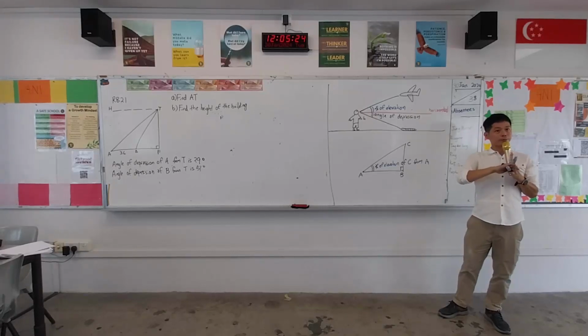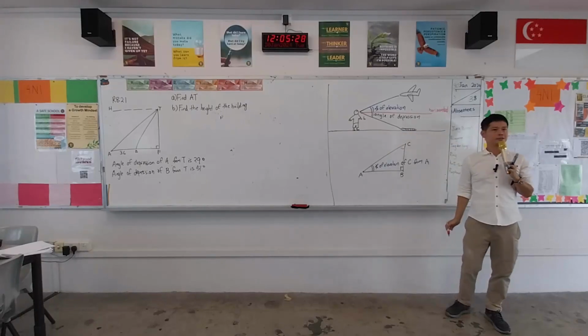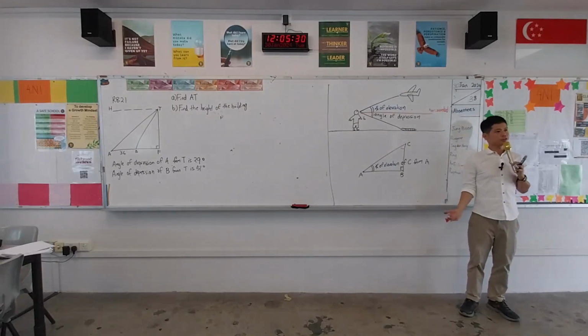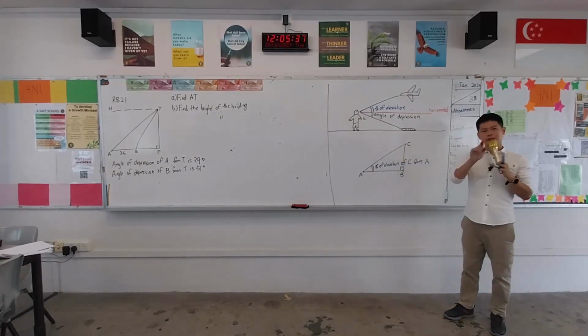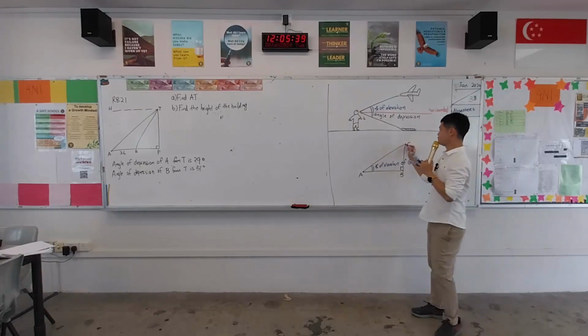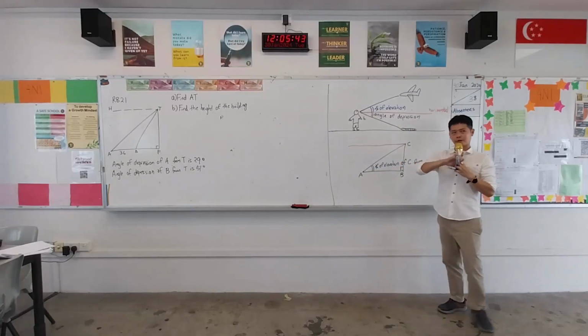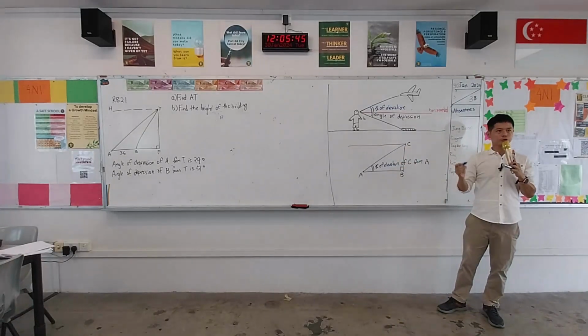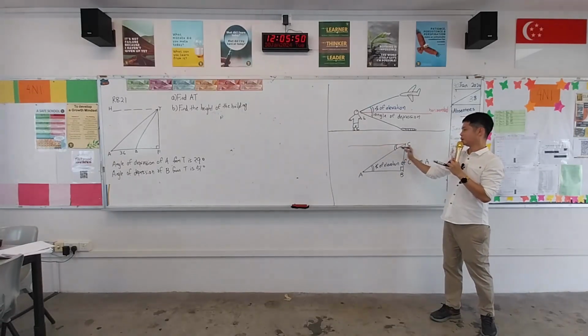So what about the angle of depression? Is this the angle of depression? No, what's wrong? There is no horizontal line. A lot of students always make this mistake. This is the only mistake you will make, but it's a very fatal mistake. So remember the horizontal line. Most of the time we use dotted lines, but I just highlight this to stress it a bit more.